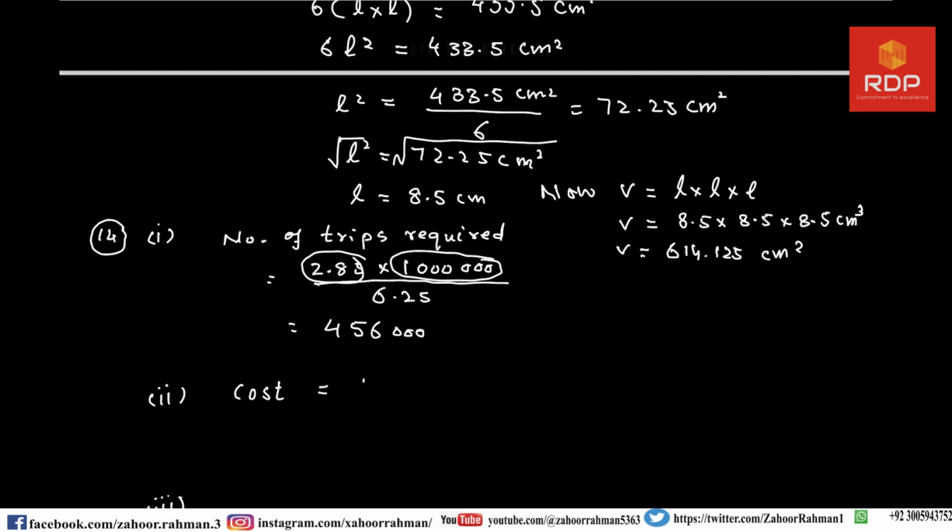So very easily we have to multiply $55 with 456,000 trips, and when we calculate it, it will be equal to this much.